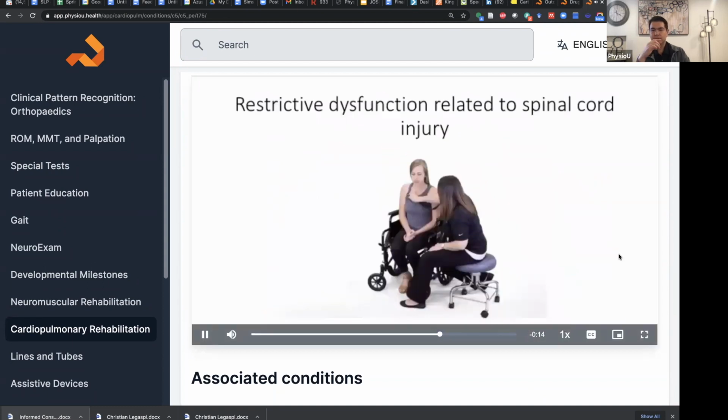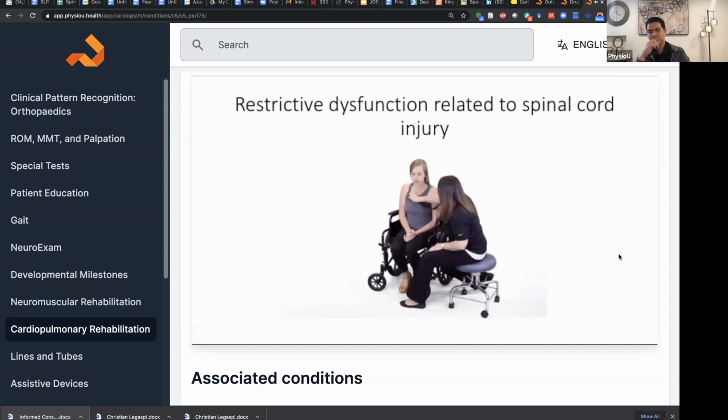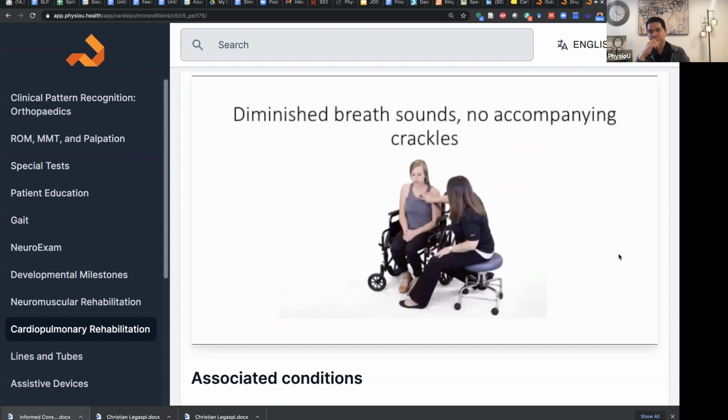If your patient has restrictive dysfunction not associated with pulmonary disease, such as a patient with a spinal cord injury, on auscultation, you will hear diminished breath sounds, but no accompanying crackles.